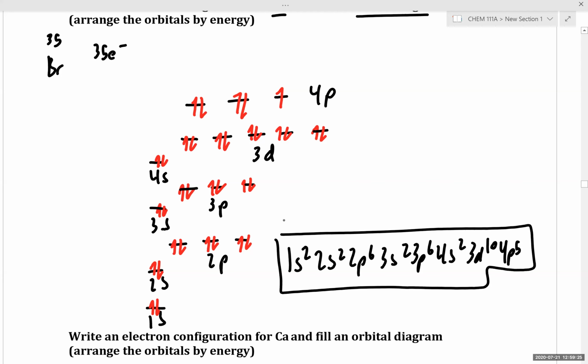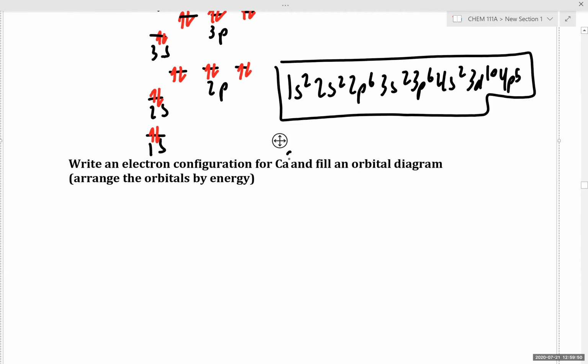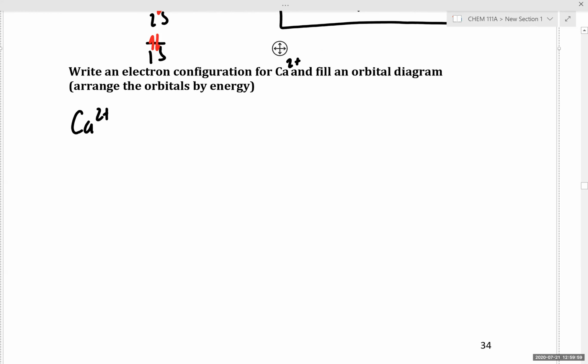Any questions on this example? Okay, let's do another example, and I'd like you to write the electron configuration this time for calcium 2+, and write a complete orbital diagram for calcium 2+. And we'll discuss this example in about another 3 minutes.